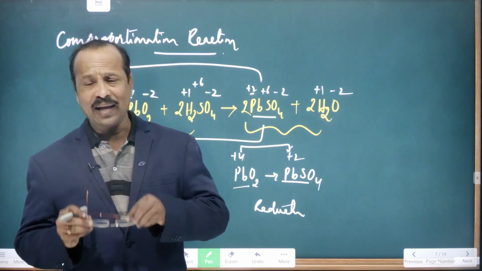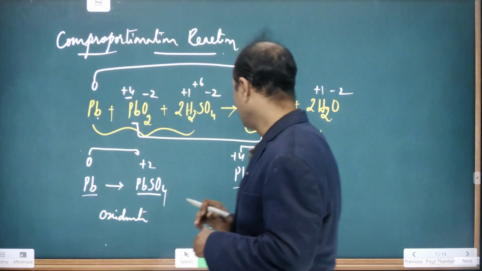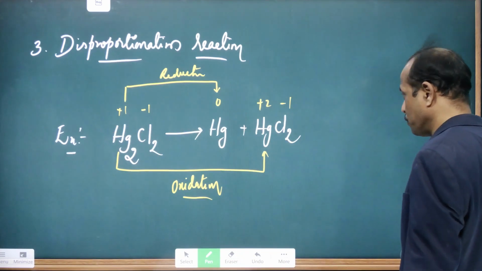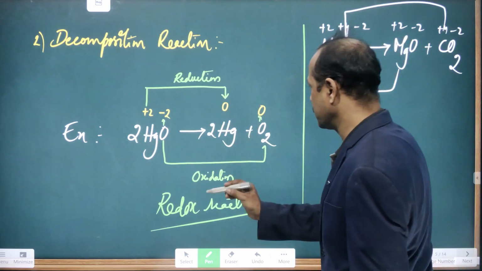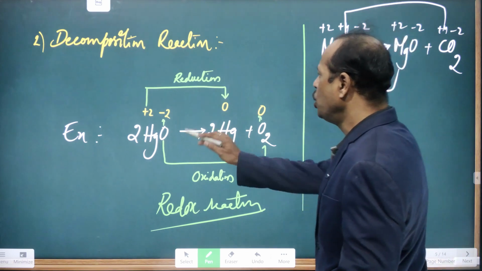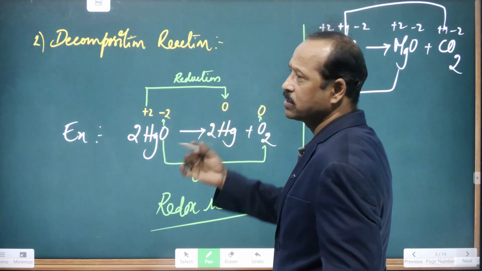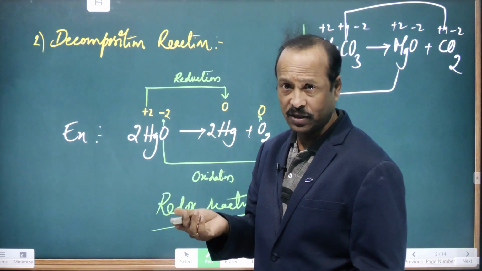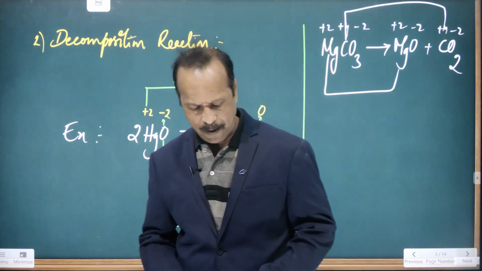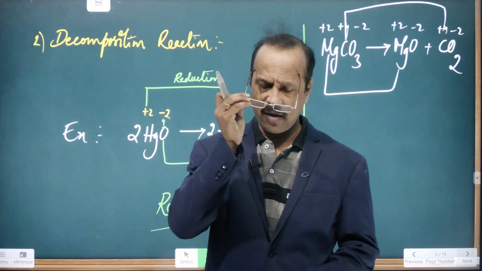For actual redox reactions, we can give it like that only. If you see combination and decomposition, two different elements are undergoing the oxidation and reduction. So that is nothing but an intermolecular redox reaction.